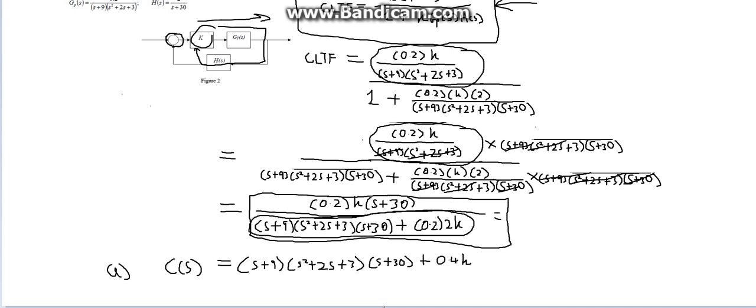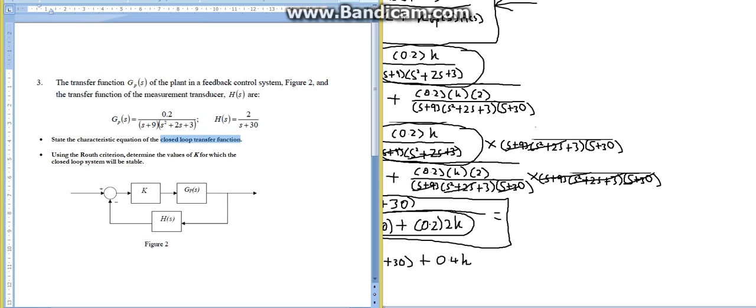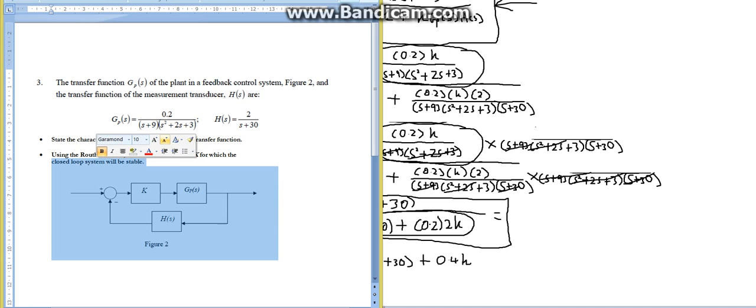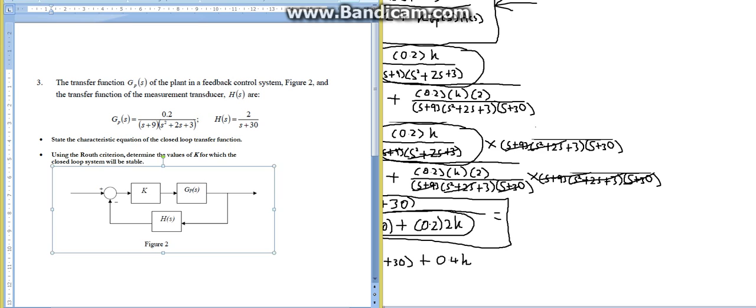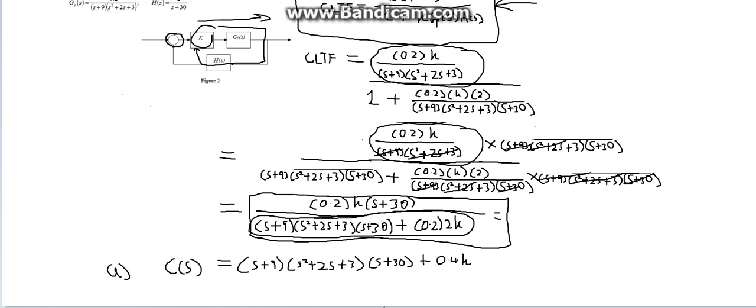Part B asks, we need to use Routh criterion to determine the values of k for which this closed loop system will be stable. What does that actually mean? What is Routh criterion and what is k? Why are we looking for k for stability? See this k right here? The reason why we did this entire derivation of the closed loop transfer function is in order to extract this characteristic equation in order to analyze and isolate this k value.